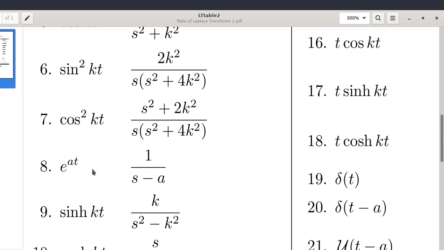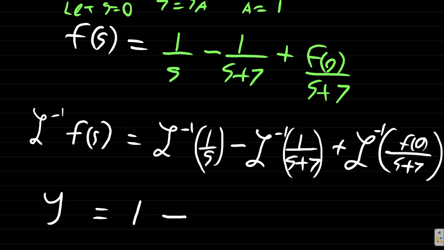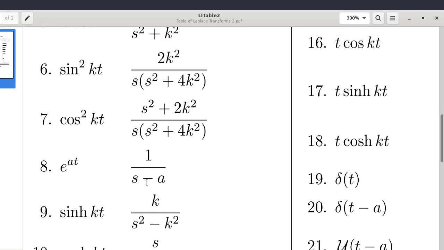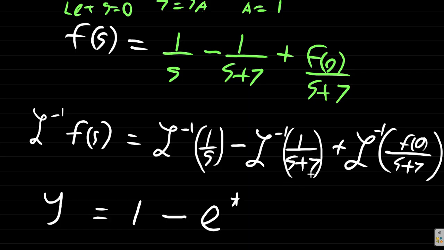It is going to be e to the something t. What t? In this case, negative a is minus a, we have positive a times t, so we have plus 7. This would be negative 7t. Alright? So that's what we have there.